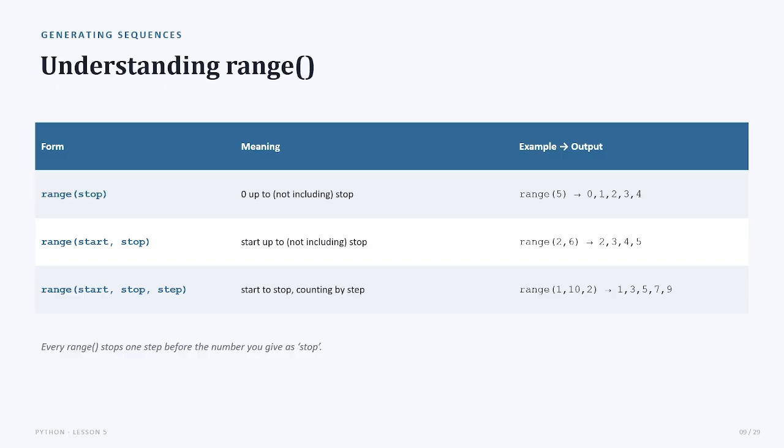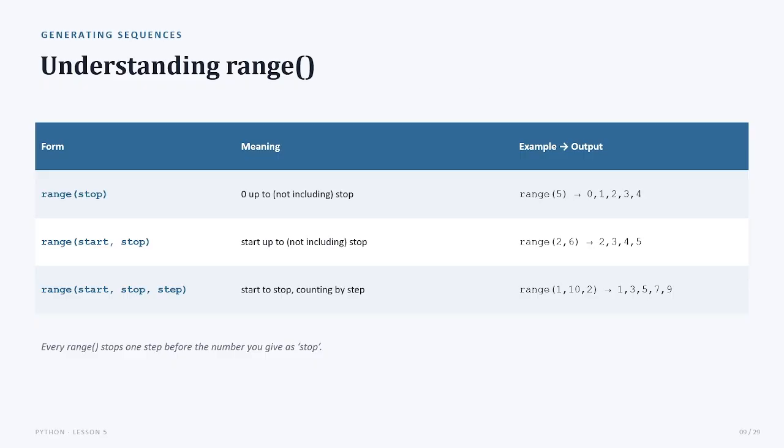There are three common forms that we will learn. First, range(stop), then range(start, stop), then range(start, stop, step). Now, let's understand each one carefully. First is range(stop).